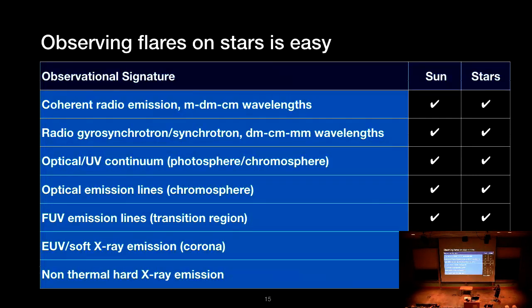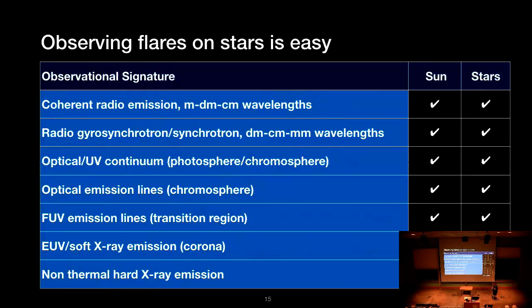Okay. So I said that there's three components to these eruptive events. I'm going to talk about the coronal mass ejections and eruptive events, but first let me talk about flares. The first point I want to make here is that observing flares on stars is easy. It's in quotes.